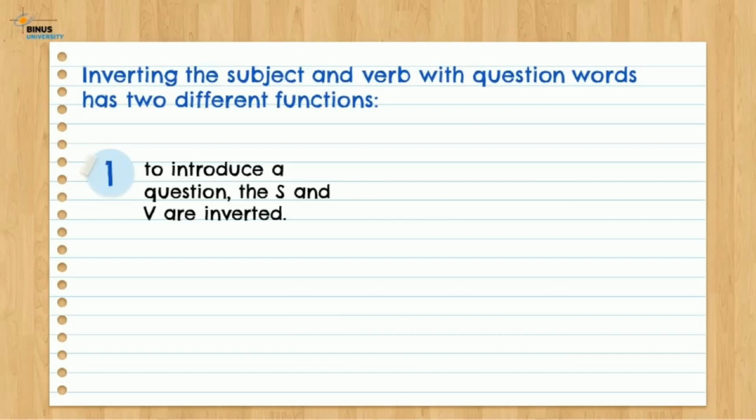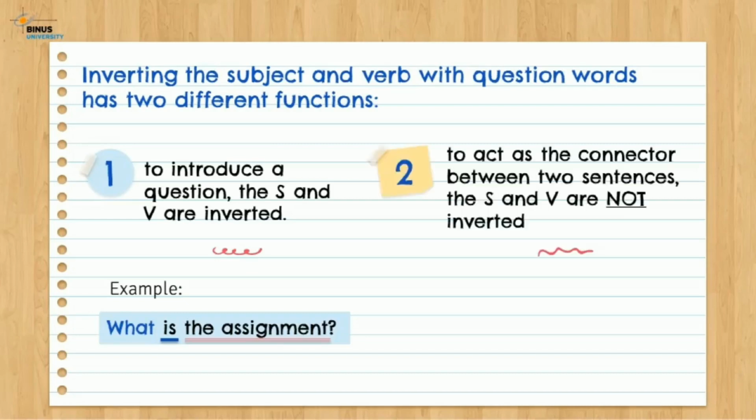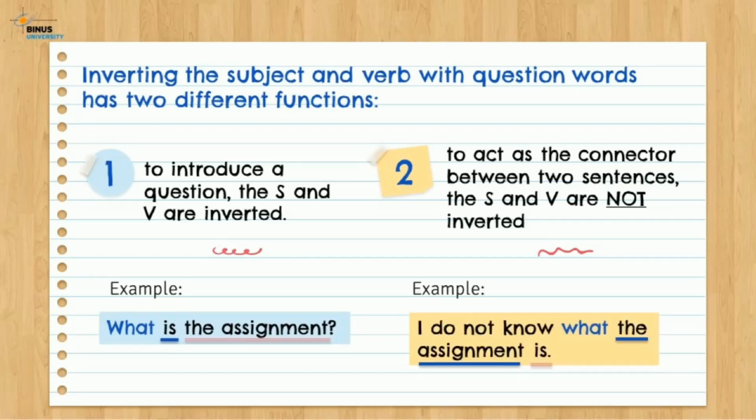First, if the question word introduces a question, the subject and verb are inverted. For example, what is the assignment? Secondly, when the question word acts as the connector between two sentences, the subject and verb are not inverted. For example, I don't know what the assignment is.